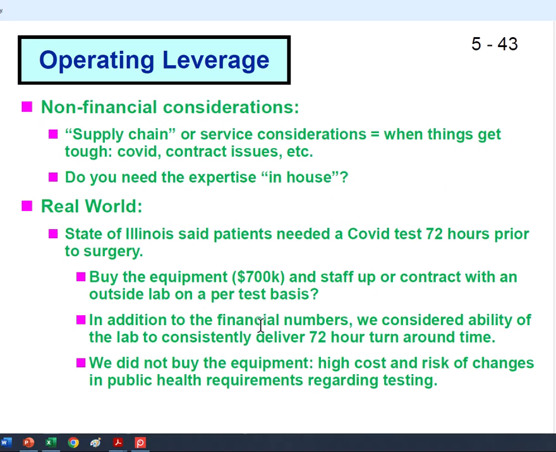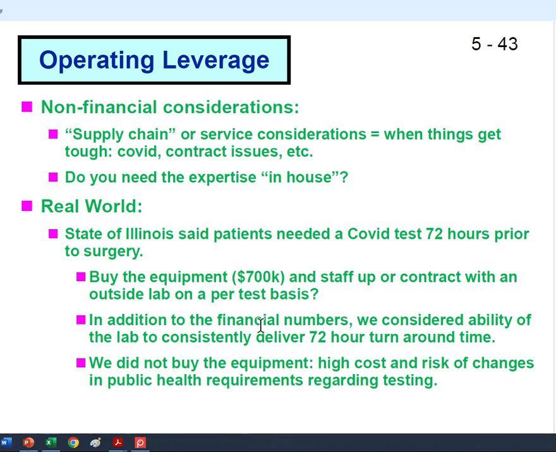Now there are non-financial considerations, as always. A theme in this class is that not everything is about spreadsheets and the numbers. You've got supply chain considerations. I'll give you two examples, operating leverage wise.